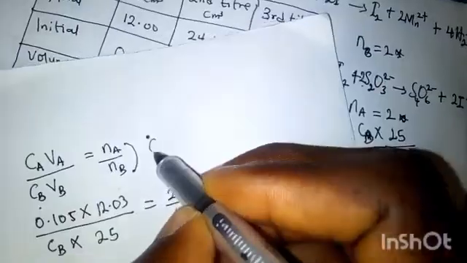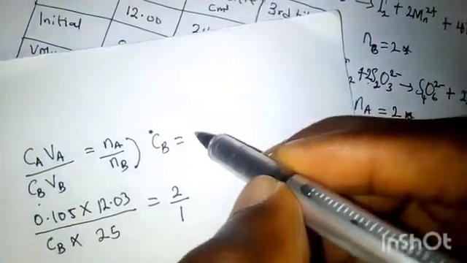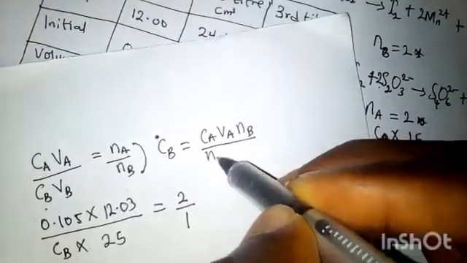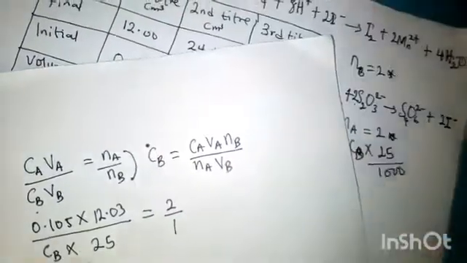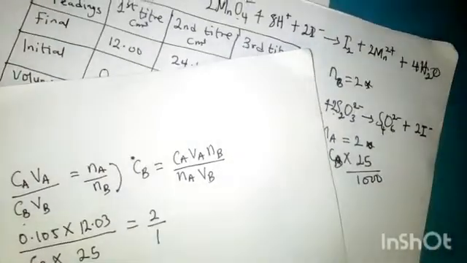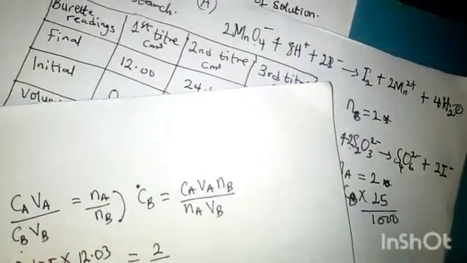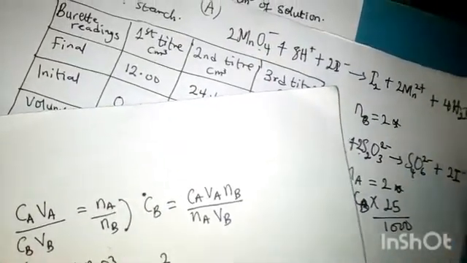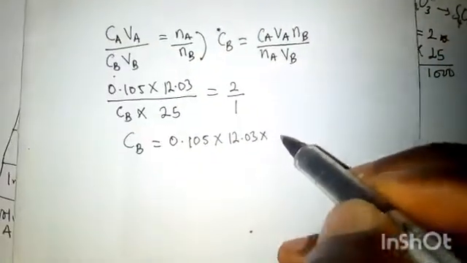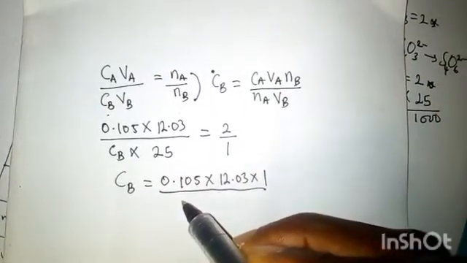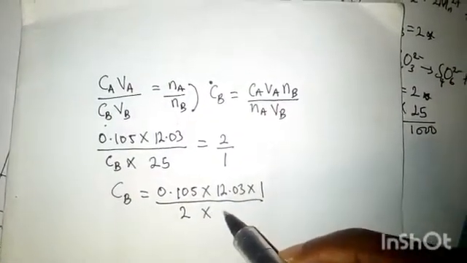Mind you, when you write this formula and you're looking for CB, you need to make CB the subject of the formula before you proceed into substitution. That will be CA VA over NA multiplied by VB. So CB equals 0.105 times VA 12.03 times NB, which is going to be 1, all over NA, which is 2, times VB, which is 25.